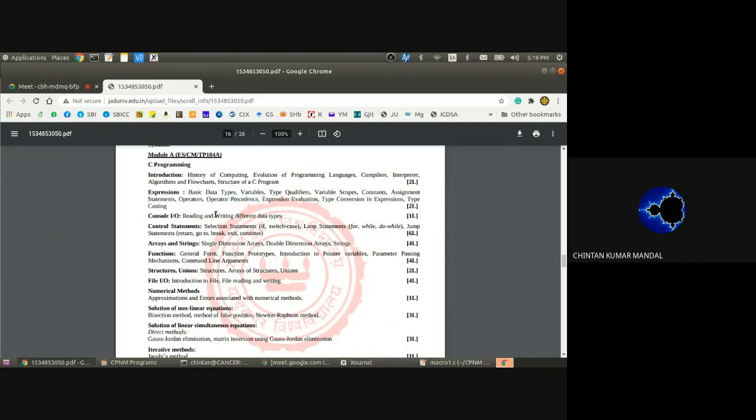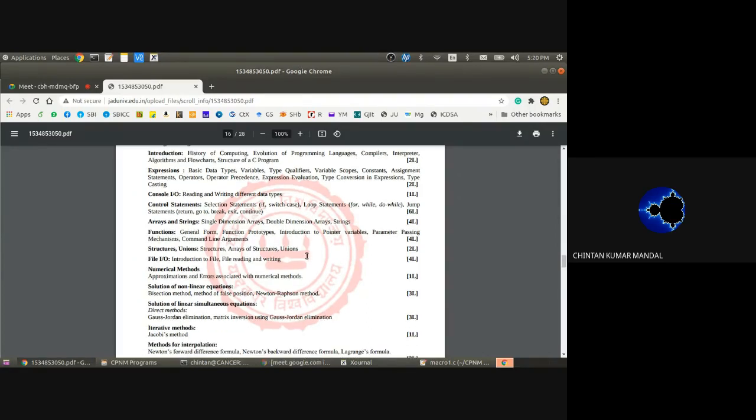Type conversions, typecasting we have done, reading, writing different data types, selections, that is the switch conditions, right? Switch case, if then else, loop, return, break, single dimension, two dimension, strings we have done, general form, function, introduction to pointer variables we have done. Pointer to pointer we have not done because it's not in the syllabus, so I won't get into it.